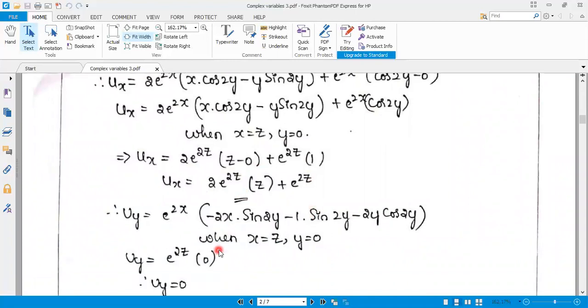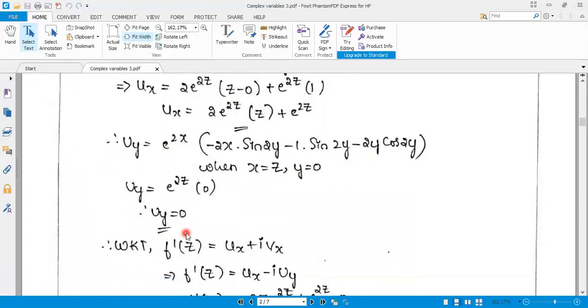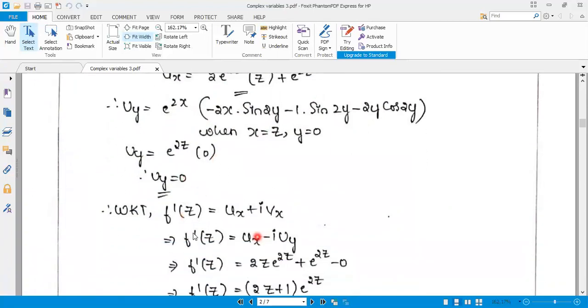Now similarly differentiate u with respect to y. So it is e power 2x into differentiation of the second term: minus 2x sin 2y minus sin 2y minus 2y cos 2y. When you substitute x equals z, y equals 0, the entire term becomes 0. Therefore, uy vanishes.